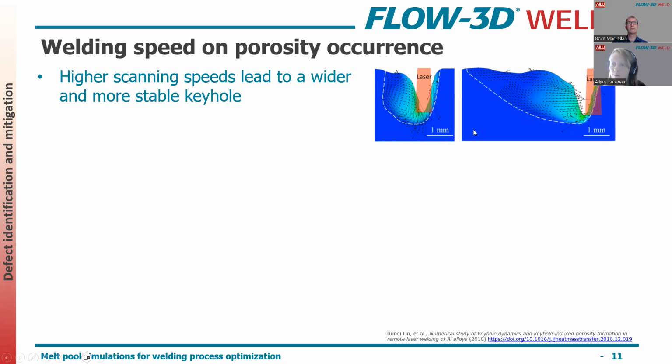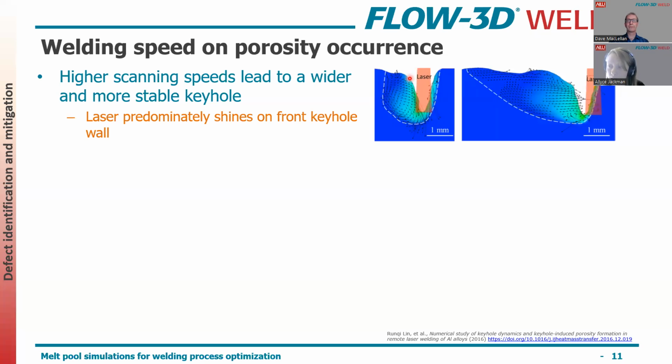So what they found through these simulations was that with a higher speed, so that's on the right-hand side here, you get this larger keyhole opening. That's because everything's kind of moving faster. This front keyhole wall is moving away from this rear keyhole wall, and then you get this larger opening, and that leads to the laser predominantly shining on the front keyhole wall, which helps because you get this wide opening, and you get a lot more stability because of that opening.